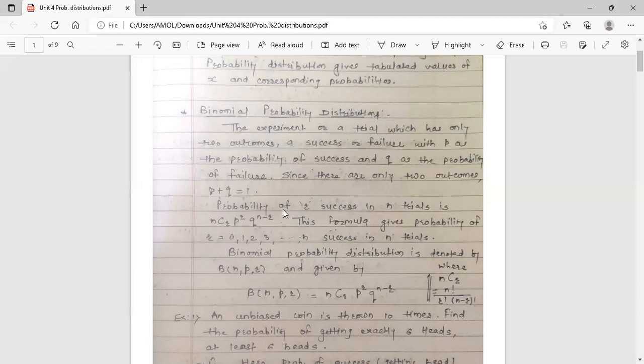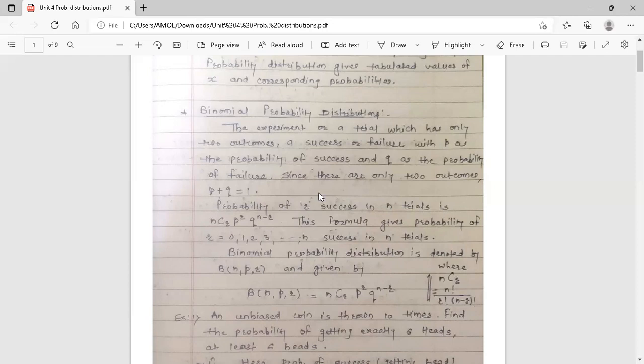Now the probability of R successes in n trials is nCr into p raised to r into q raised to n minus r. Consider n number of trials. In n trials, suppose r times you are getting success.